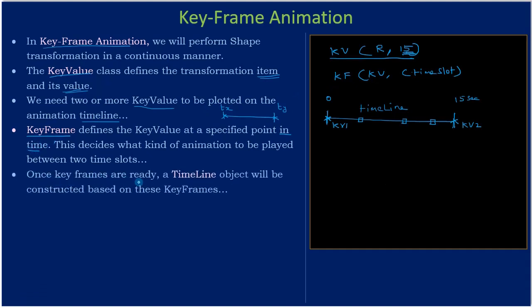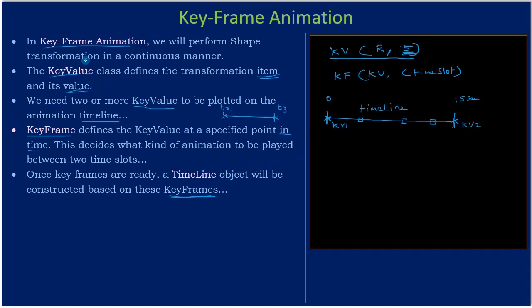Once keyframes are ready, a timeline object will be constructed based on the keyframes. So once keyframes are ready, not one, when you define two or more keyframe, then you can define the timeline based on those keyframe.